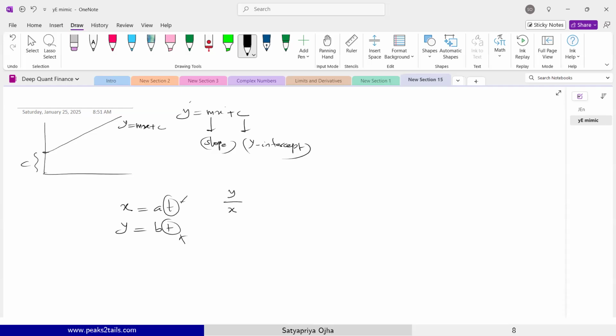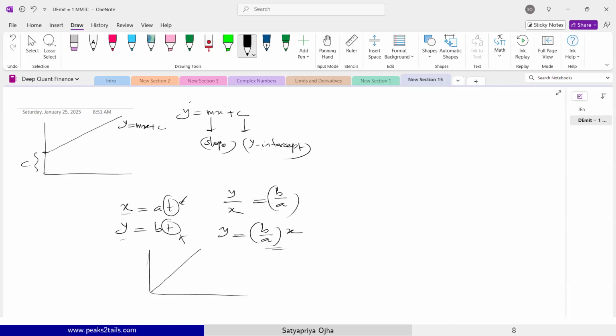Divide y by x. t gets eliminated. You get b by a. So y equal to b by a times x. This is the equation of a straight line passing through the origin, with no intercept. b by a is the slope. This is called parameterization. x and y are parameterized by t. You eliminate t, and that gives you an equation between x and y, and you can easily plot that.